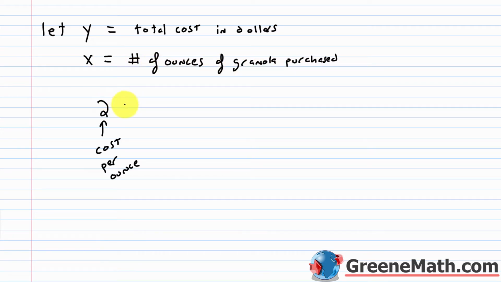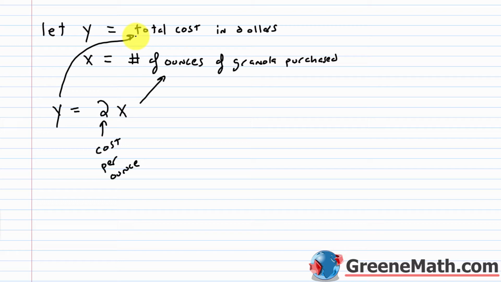So if I take 2, the cost per ounce, and multiply by x, the number of ounces of granola purchased, that's going to give me the total cost, which is y. This is the total cost in dollars. So there's an equation to represent the scenario that I just gave you.